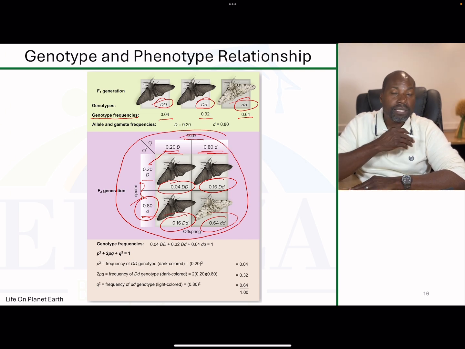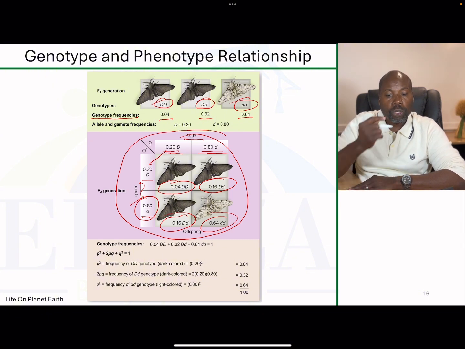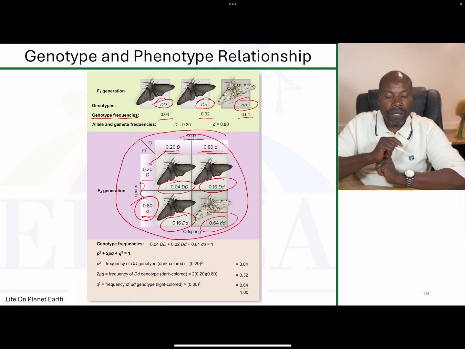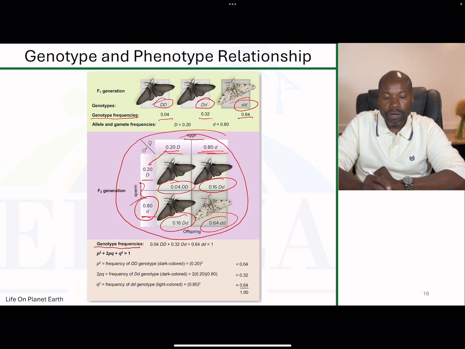We are going to see this a little bit more when we look at genetics, right? But to come back here, in terms of population genetics, the genotype frequency, I already showed this earlier: 0.04 capital D plus 0.32 capital D lowercase d plus 0.64 lowercase d all together equals 1, right?